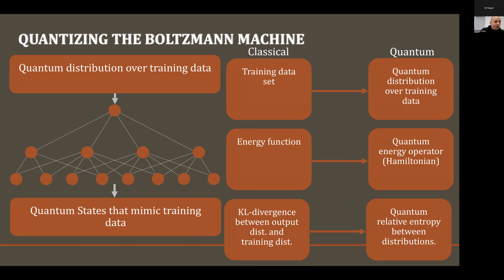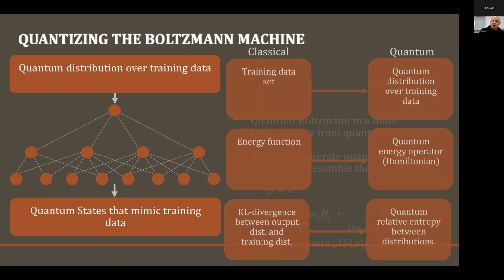The result of the quantum Boltzmann machine is then no longer a probability distribution; now it's a quantum thermal state. What we aim to do is build a quantum thermal state, output by the Boltzmann machine, that minimizes the divergence between the training data and the generated data from the Boltzmann machine. That's basically it at a high level.